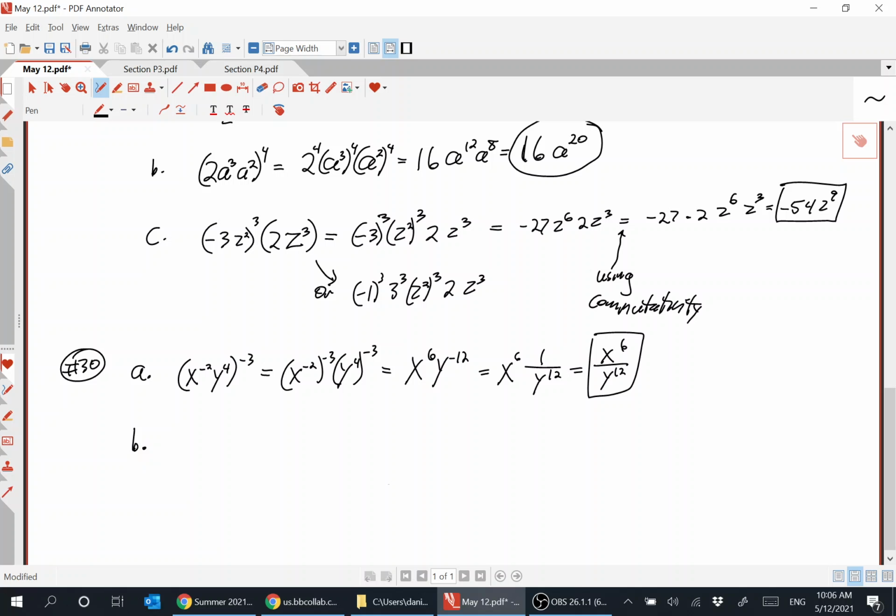Alrighty, part B, y squared to the negative 1, 2x to the minus 3, y to the 4th, all that to the negative 3. Okay.